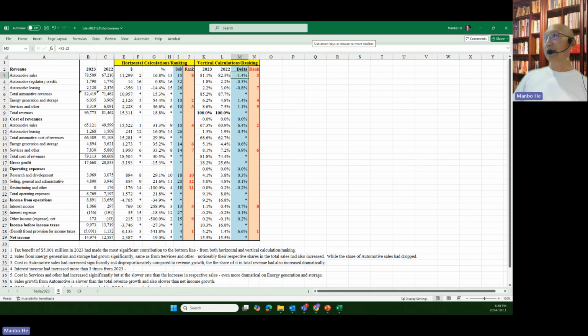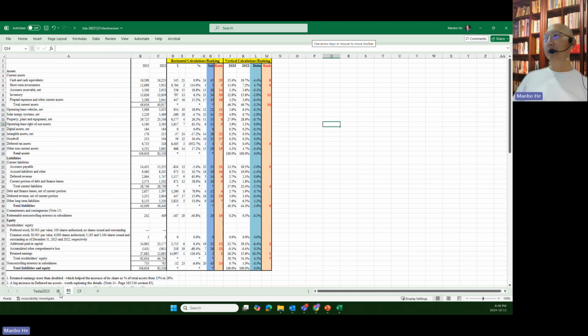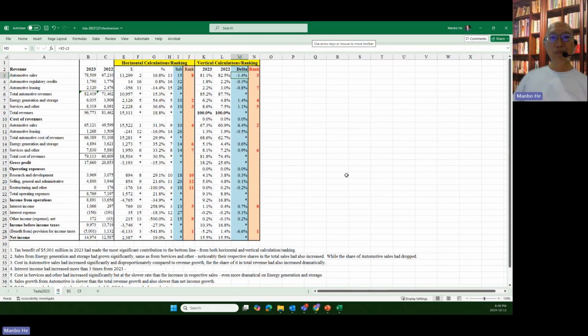Then you carry out the similar process as I just demonstrated here for you to get to the initial findings of your financial analysis.